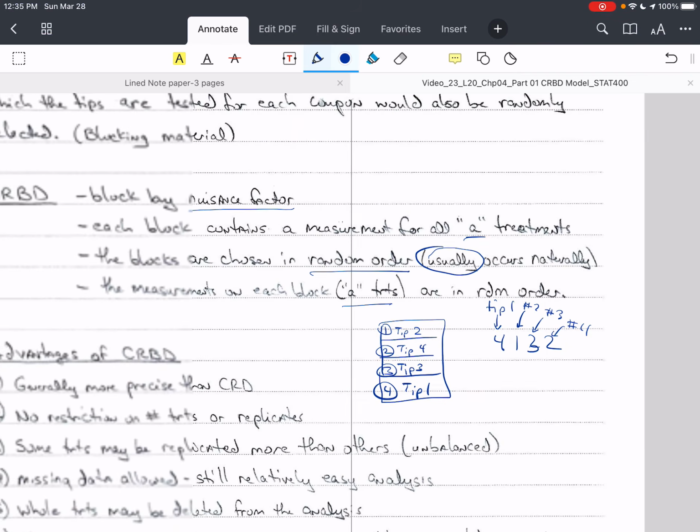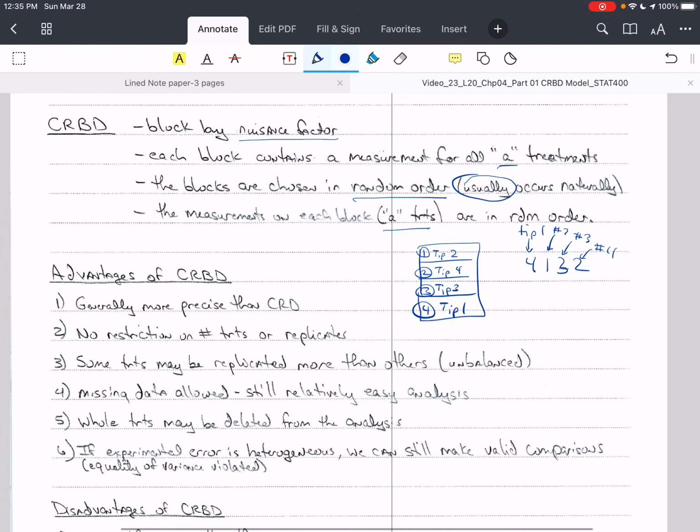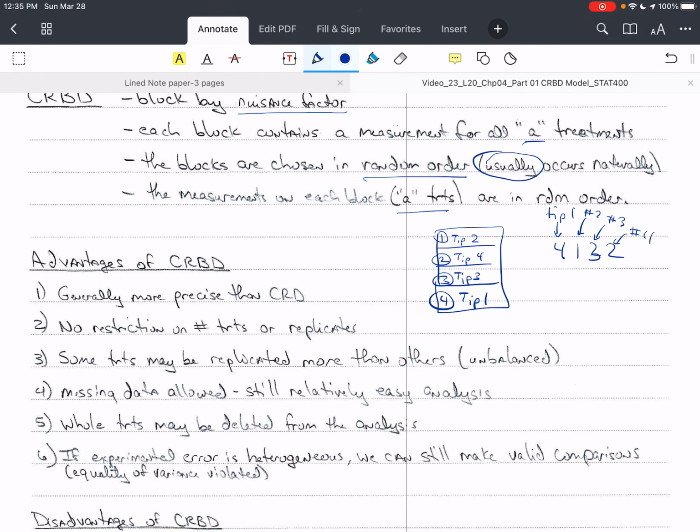So that's an example. So we have some advantages. It's important for you to know the advantages and disadvantages of this method. The advantages are that generally this is more precise than complete random designs, okay? These results are more precise because we're breaking out the error for the blocks and taking that out of the error for the treatments or for the residuals or random error, okay?